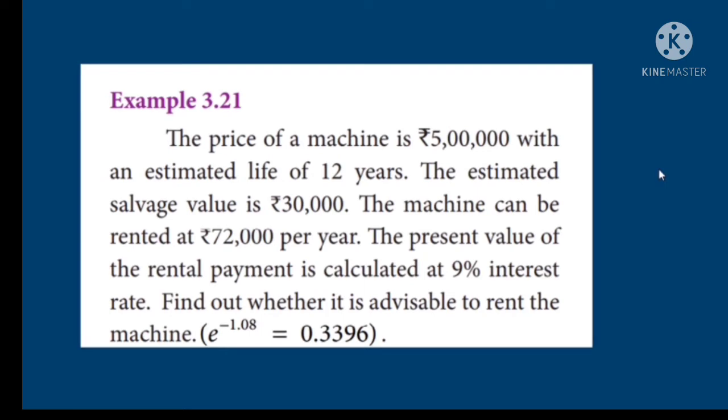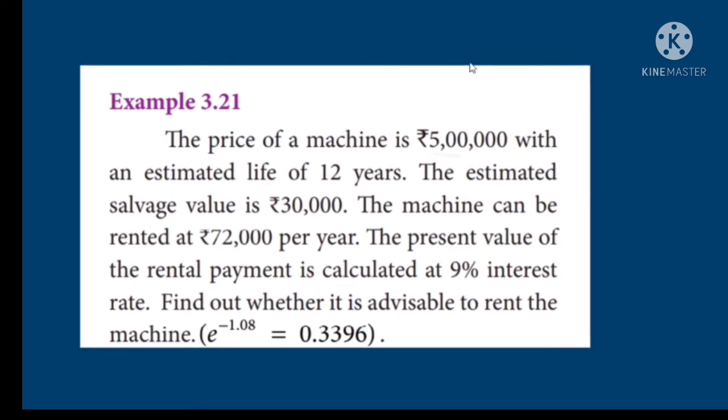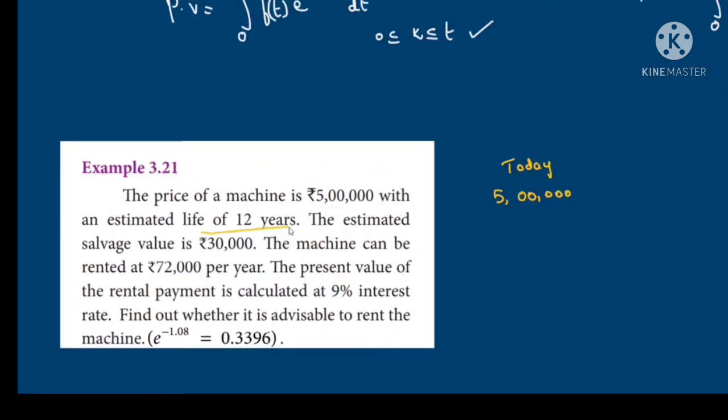3.21. The price of a machine is 5 lakhs with an estimated life of 12 years. Now you're planning to buy a machine. Today its price is 5 lakhs with an estimated life of 12 years. Maximum you can use it for 12 years. Estimated salvage value means the estimated resale value.